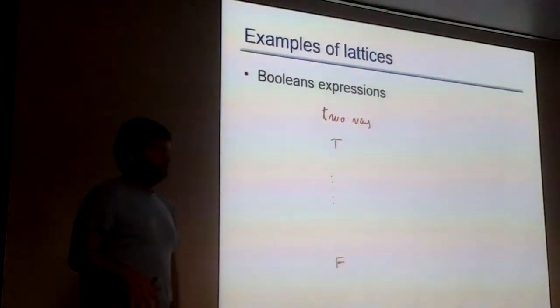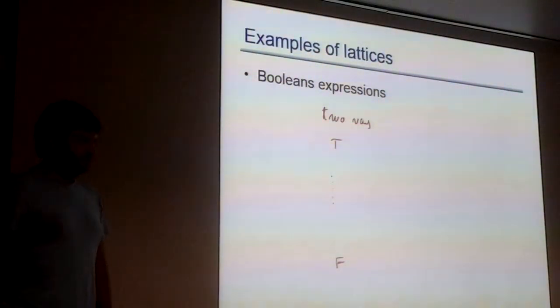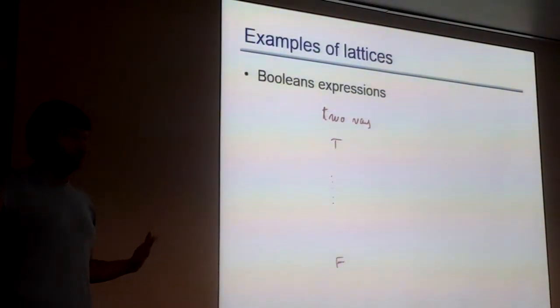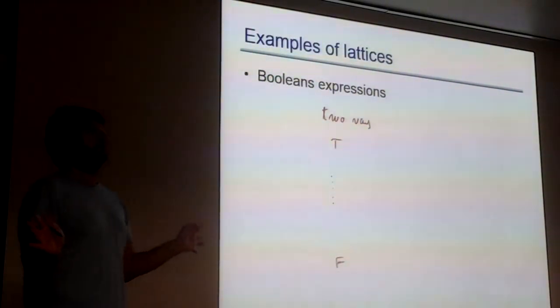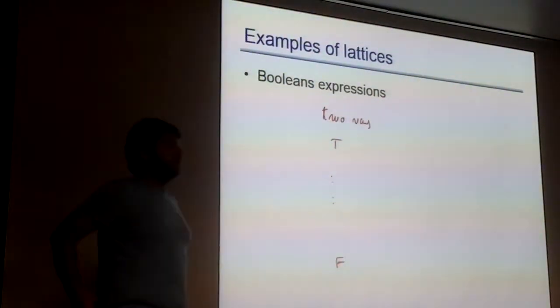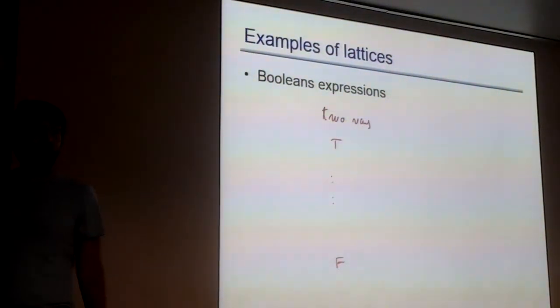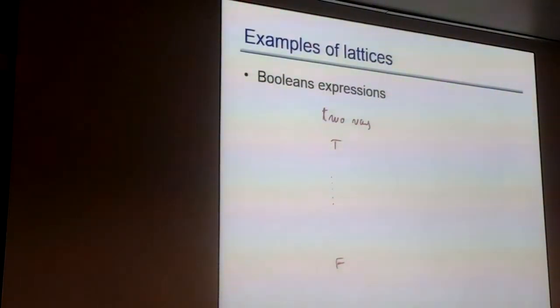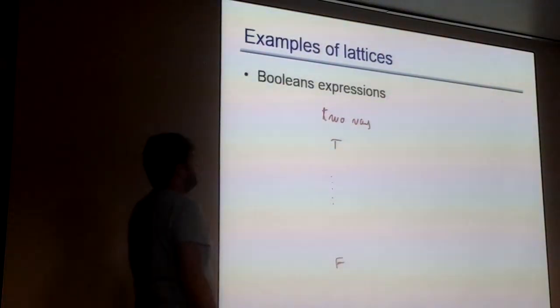The way implies works is if the right-hand side of the implies is true, the left-hand side does not matter, in the same way that false implies anything. That's just the way implies works. And actually, you can build these very complex logical expressions and order them in this way.